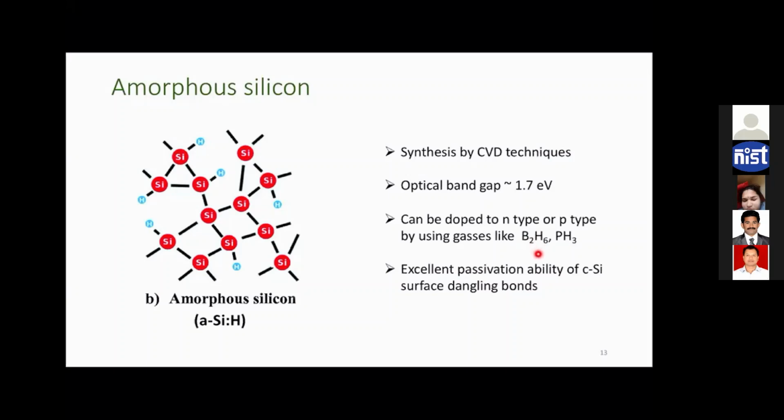On the other hand, if you want to make this amorphous silicon N-type, you can make it by doping phosphorus and by using a precursor gas phosphine along with your silane. It has been proven that it has excellent passivation ability of the crystalline silicon dangling bonds.